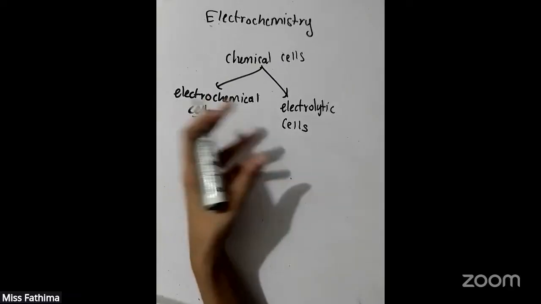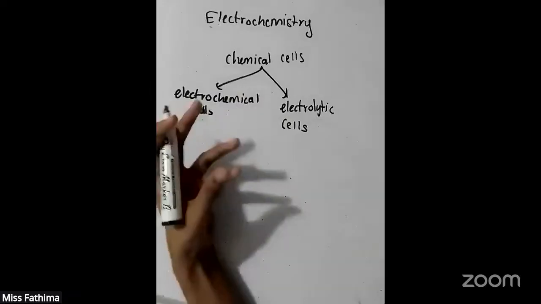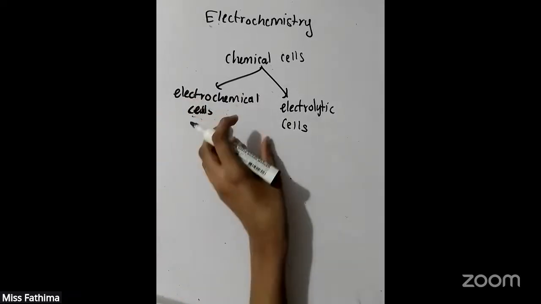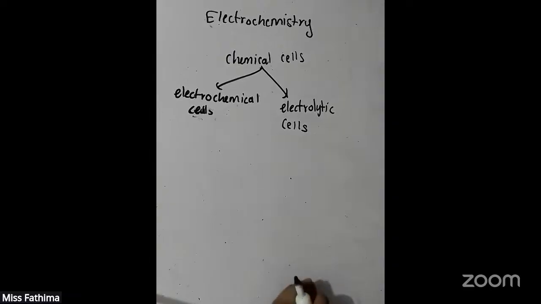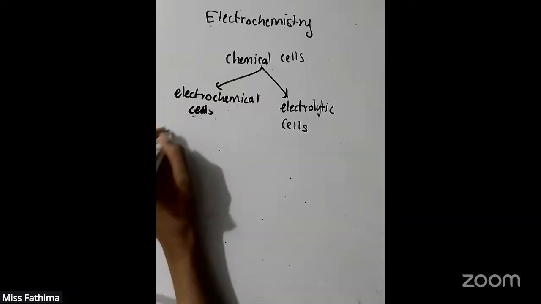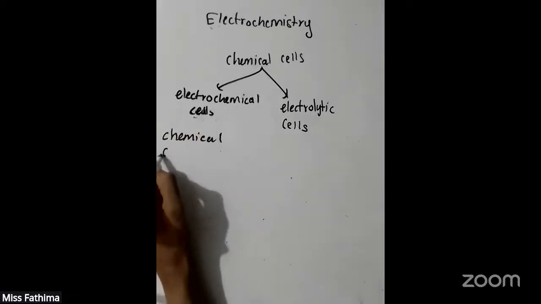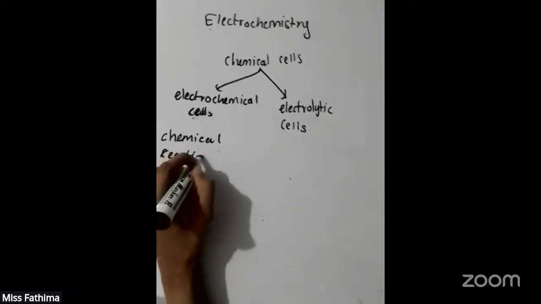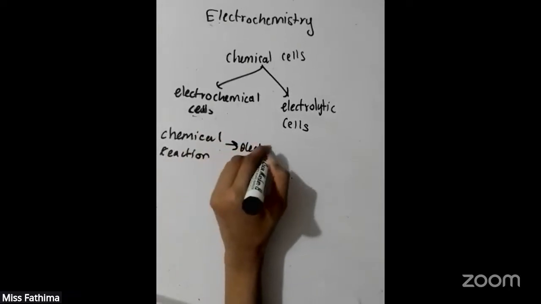Electrochemical cell means using the chemical, you are going to produce electricity due to chemical reaction, okay? There is some chemical reaction taking place, and due to that, electricity is produced.